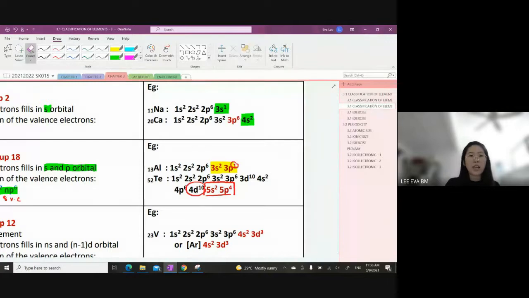We just ignore the completely filled d orbital because now you have 5p already. In this case, where it's entering S and P with the same n value, the highest n of 5, the valence electronic configuration will be 5s2, 5p4. Total valence electrons adalah 6, maka dia adalah daripada group 16. The last electron fills in the p orbital, therefore it is from the P block.